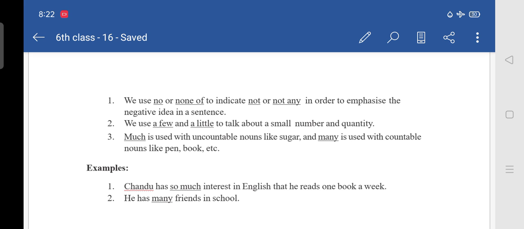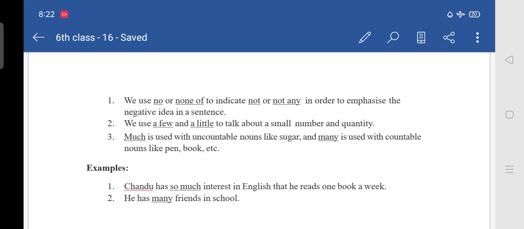Third one, much is used with uncountable nouns like sugar, and many is used with countable nouns like pen, book, etc. So when we use much, it is for things which are uncountable, like sugar. We can weigh it, but we can't count the crystals, isn't it? In that situation we use much.